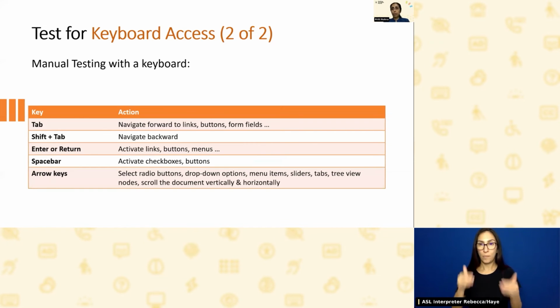Shift plus Tab takes you back. Arrow keys will help you traverse through the drop-down options, menus, tree view nodes, adjust the slider values, as well as scroll through the page. If you want to scroll horizontally, you can use left and right arrow. If you want to scroll vertically, you use up and down arrow.